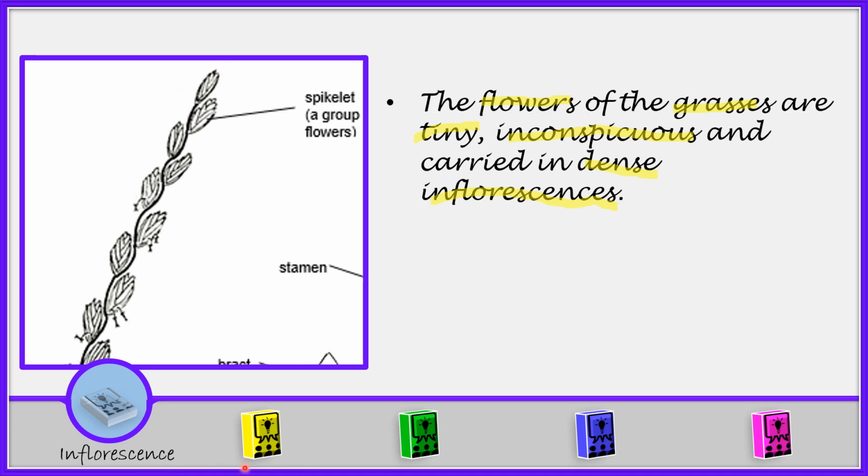All of what we are seeing here is called an inflorescence. And these small parts that we are seeing here, we call them the spikelets, which are also groups of flowers.